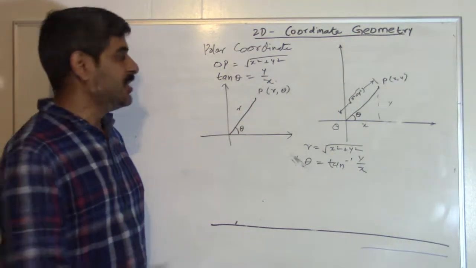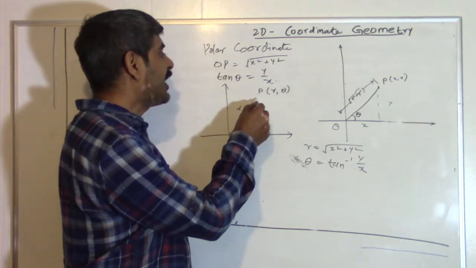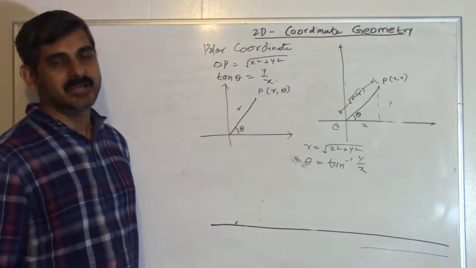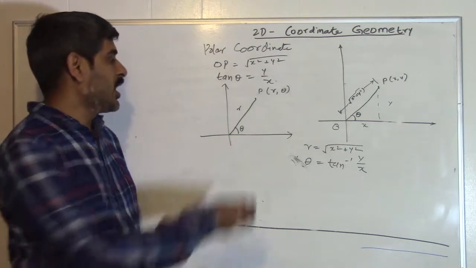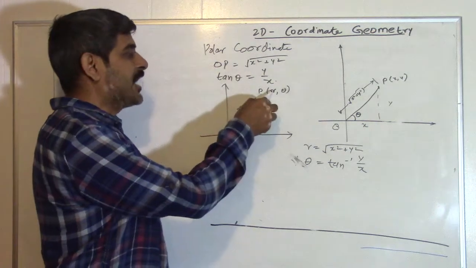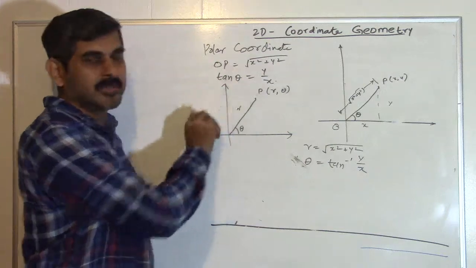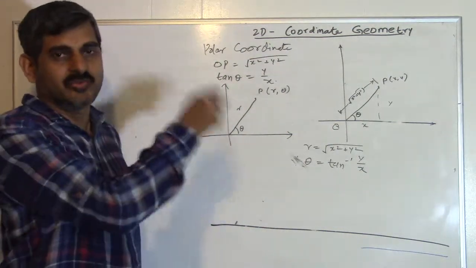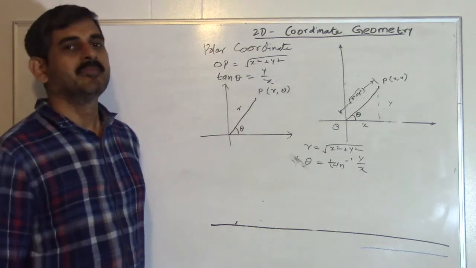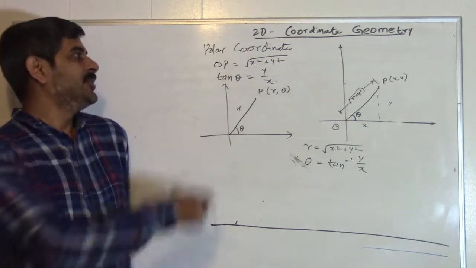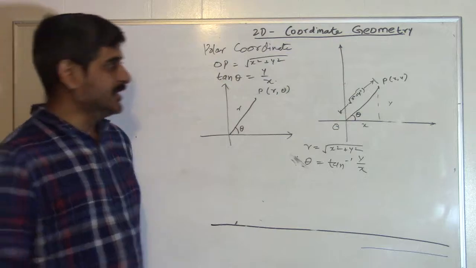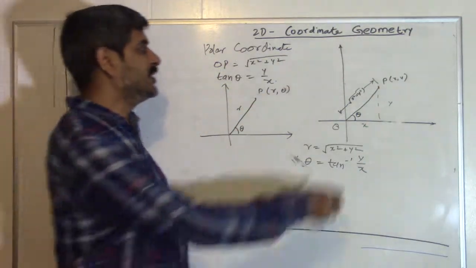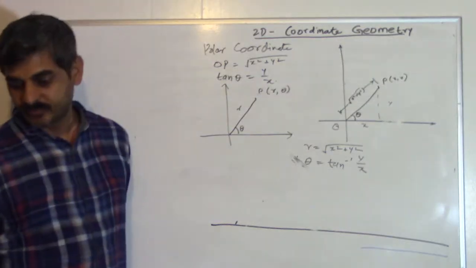For example, if I give you a point P and ask you what will be the new coordinate if you rotate it by another angle theta, keeping this axis, then R remains same, theta will become theta 1 plus theta 2. Similarly, anything that has to do with rotation, rotational mechanics and things like that, will be easier with the polar coordinate. Anything with a rectangular movement in x and y both directions will be easier with the Cartesian coordinates.